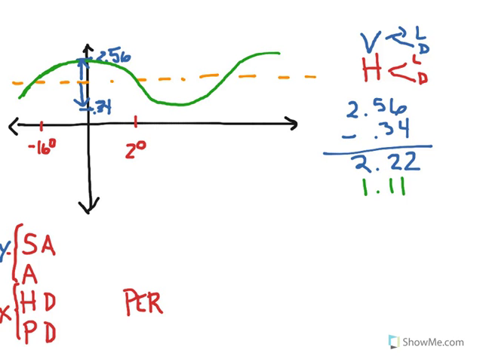It tells me how to get there. Now I've got to get there from either the top or the bottom. So what do I do with that 1.11? I can do either thing. I can add it to the 0.34 and go up, or I can subtract it from the 2.56 and go down. Either way, I'm going to get the same answer, and that answer is going to be 1.45.